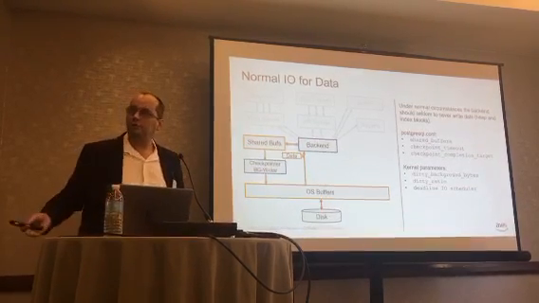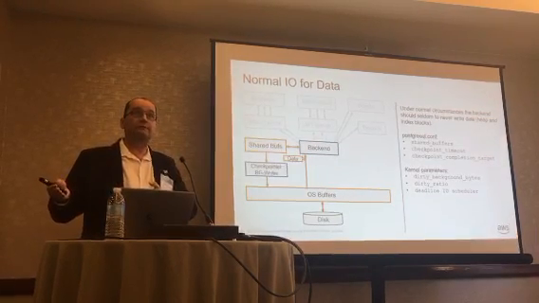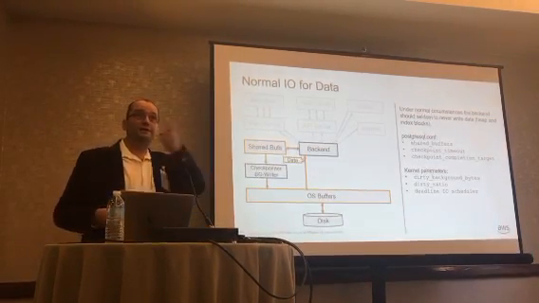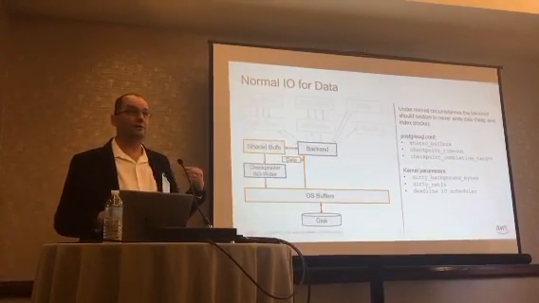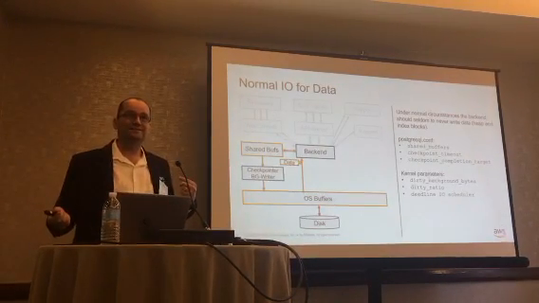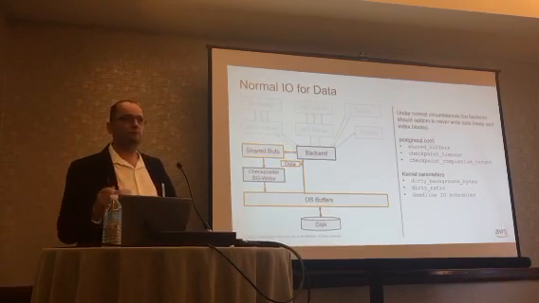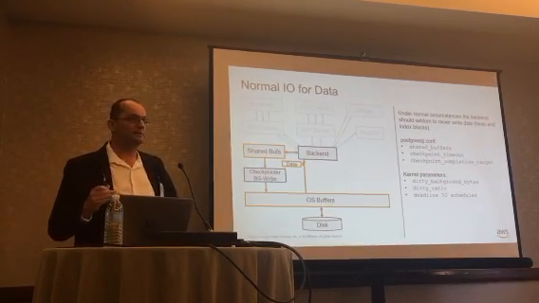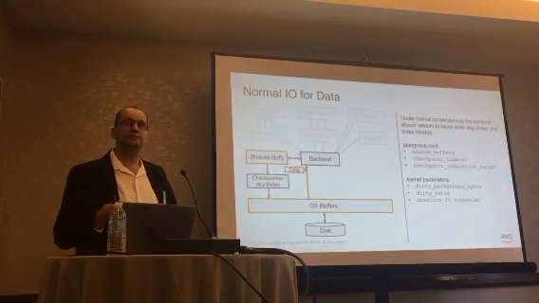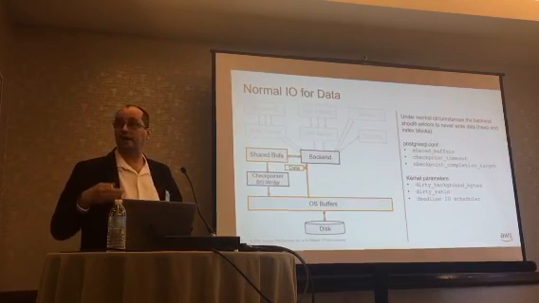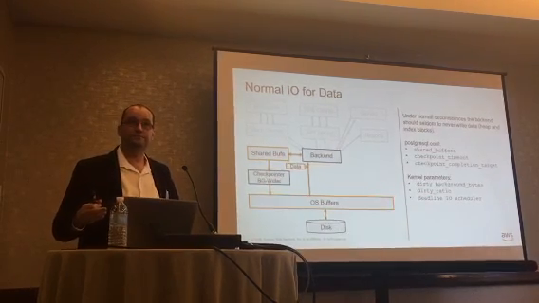It delays it to serve another read, because if there is a read blocking, the process is waiting for the data. The writer is already done. He can continue consuming CPU time. So the OS prioritizes the reads over the writes. Only if you get to a point where your dirty background ratio or dirty background bytes is exceeded will the default I/O scheduler in Linux actually say, I need to start writing. Before that, it doesn't do that.